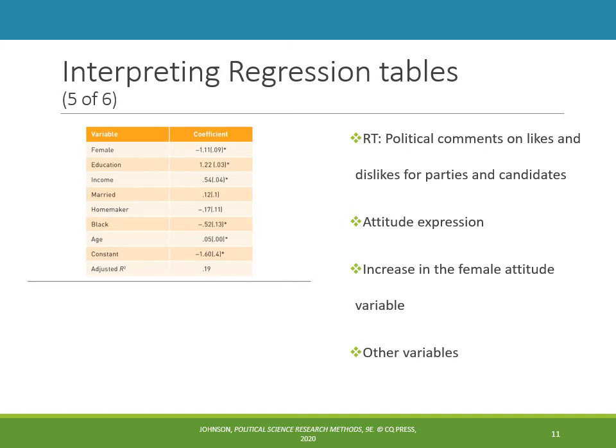So taking, for instance, this chart that we have here, this is for a study where we're examining the amount of political comments a person makes and making predictions about the relationship between their different characteristics and the amount of political comments that they make. We include all of these variables because we've read the literature and we understand that there are a number of factors that impact the amount of political comments an individual makes.